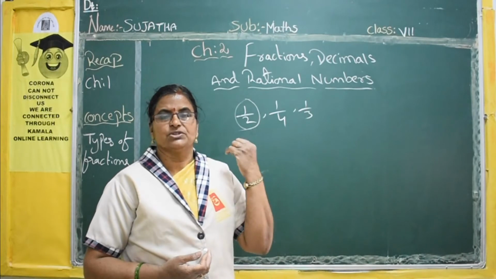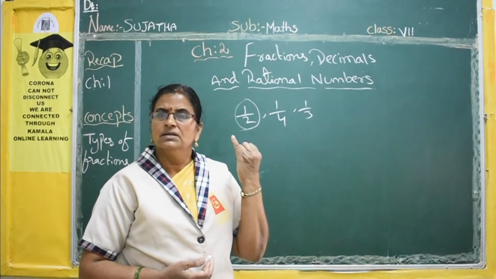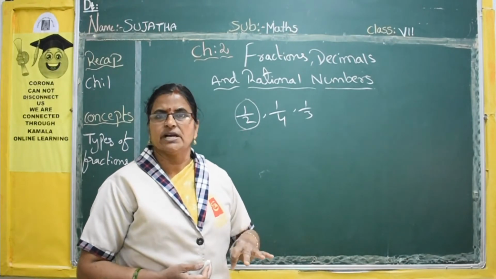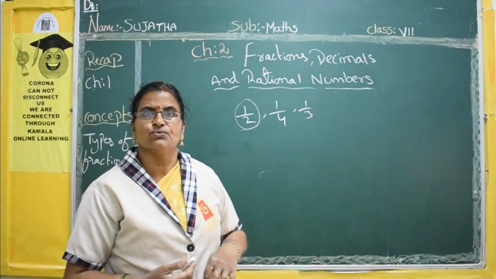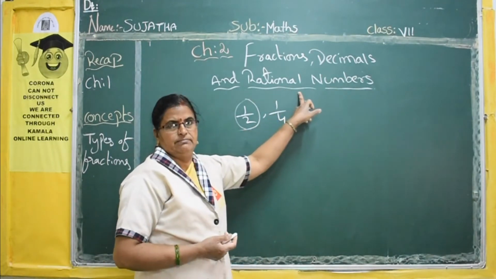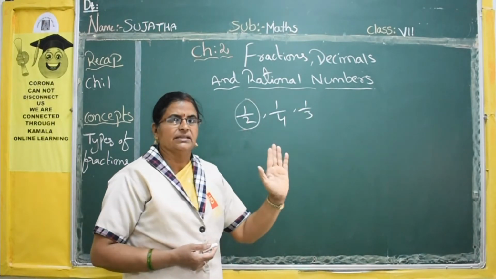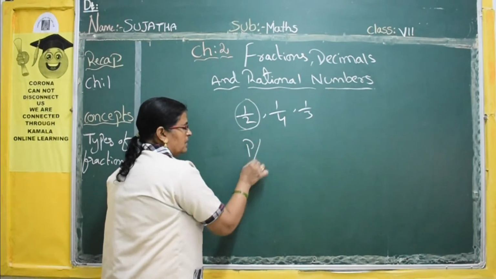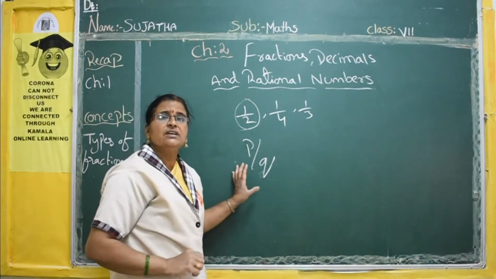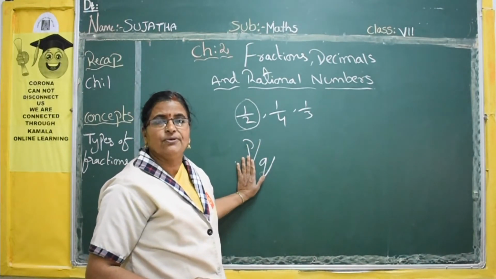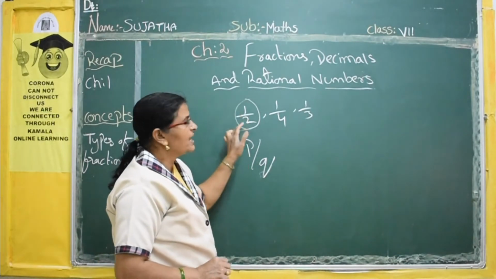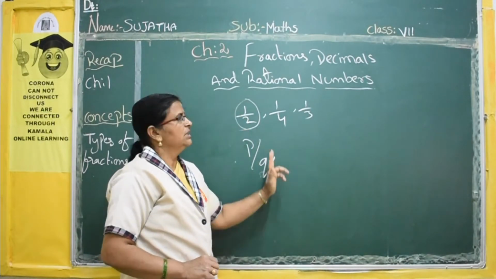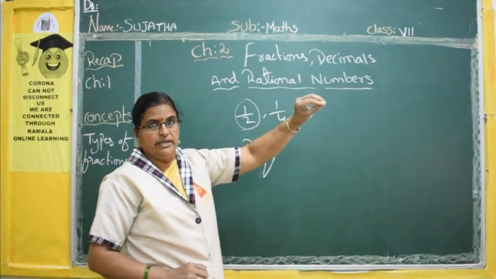First come natural numbers, whole numbers and integers, which we already studied in the first chapter. After integers, what will you study? Rational numbers. Rational numbers are nothing but the p by q form. P by q form means a fractional form, numerator by denominator. Understood? That's why first we have to study fractions.